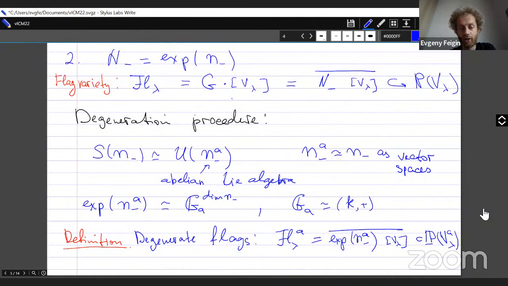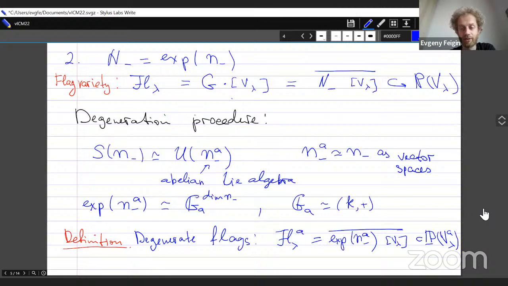Now let's try to apply the same definition in our settings. This is the degeneration procedure. Instead of considering n minus, we consider the Lie algebra n minus a. As a vector space, this is the same as n minus. And we want to make it into a Lie algebra, just taking a zero bracket.